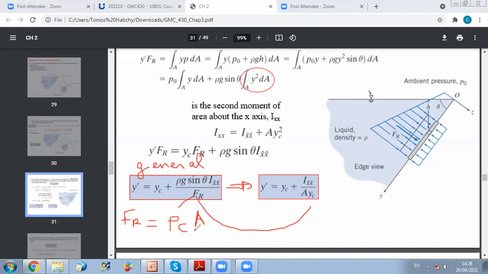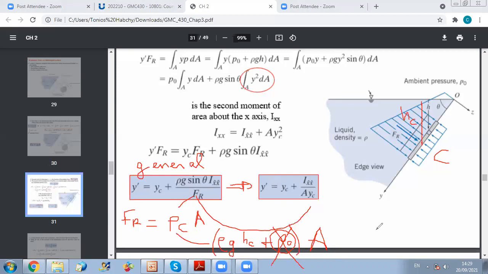The pressure at the centroid, if I know the position of the centroid, I just look at hC. So it is equal to rho g hC, but plus P0, times A. Now, what will happen if P0 is very small compared to rho g hC? Then I can neglect it, and this will lead to a simplification.